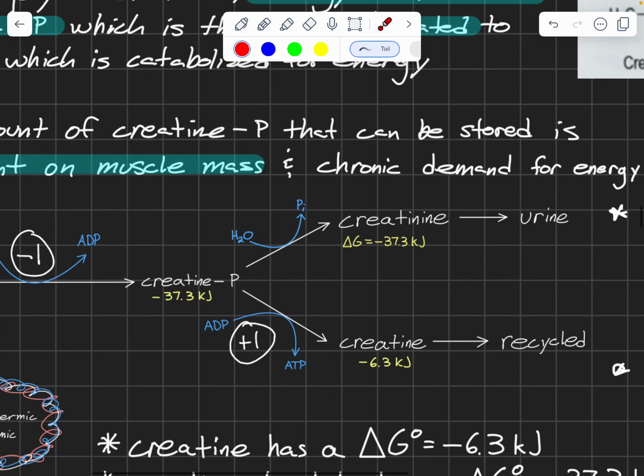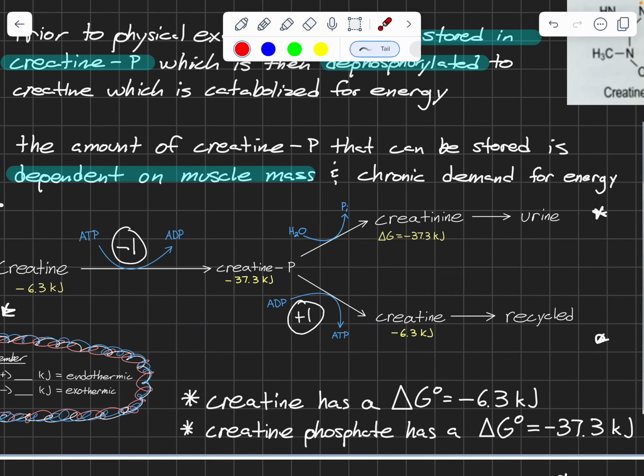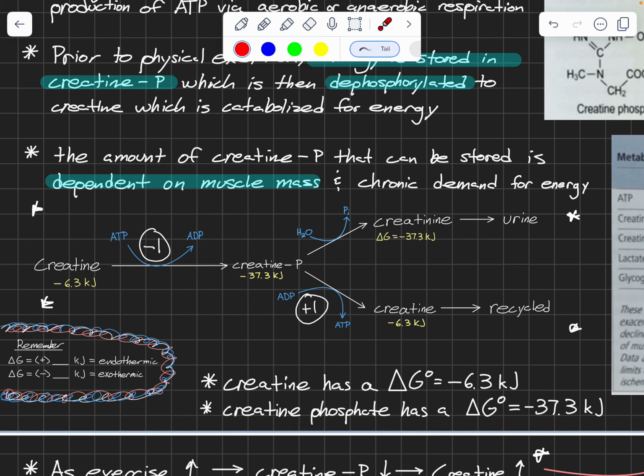If we look, H2O is coming down here and helping remove the phosphate, but we're not producing any ATP. So if you are adding to your creatine P storages and you are not being active, you are costing yourself energy. You are not producing any energy. And this creatine is just going to be excreted out through your urine. So you are actually decreasing your creatine storages to go through this whole beginning process right here.